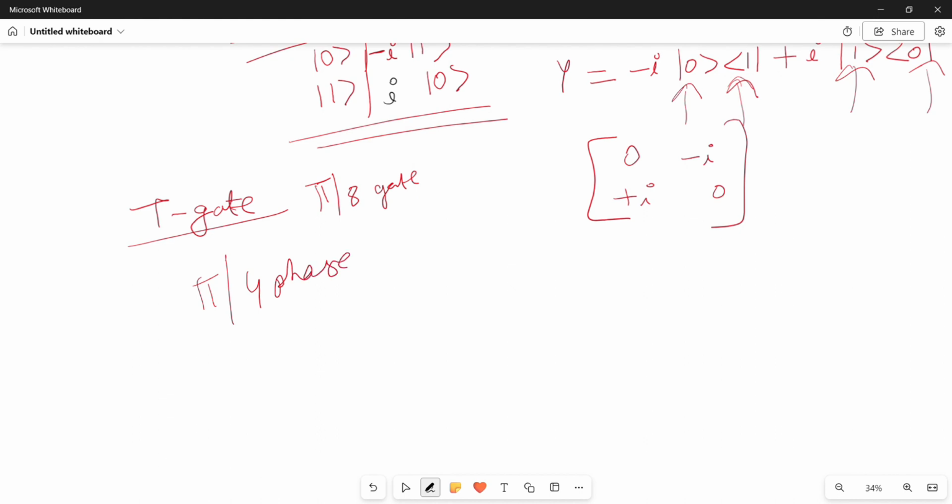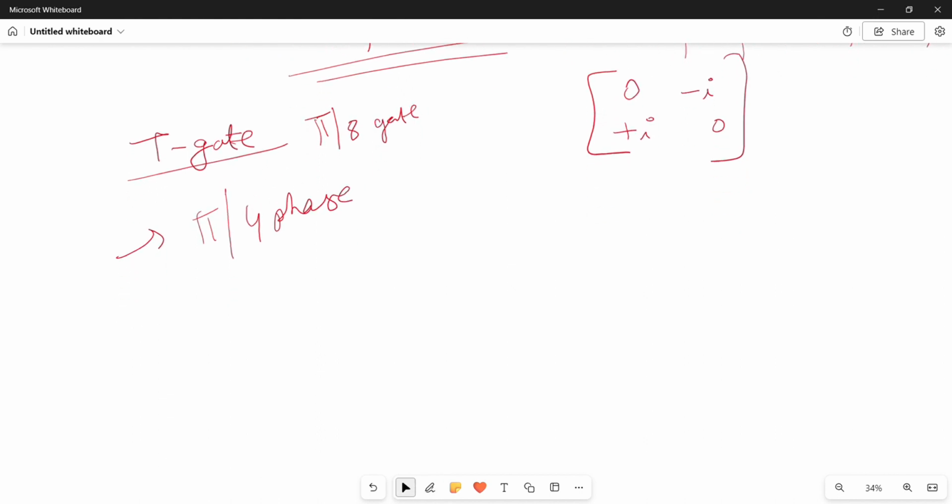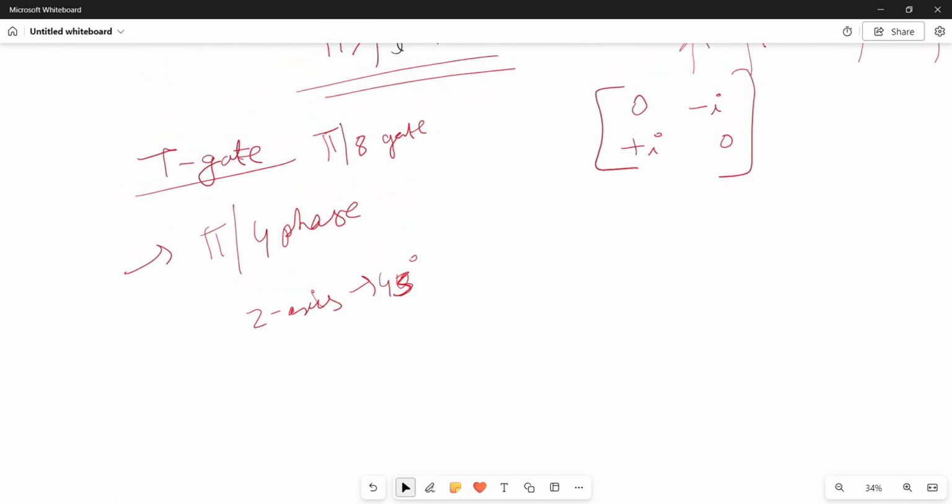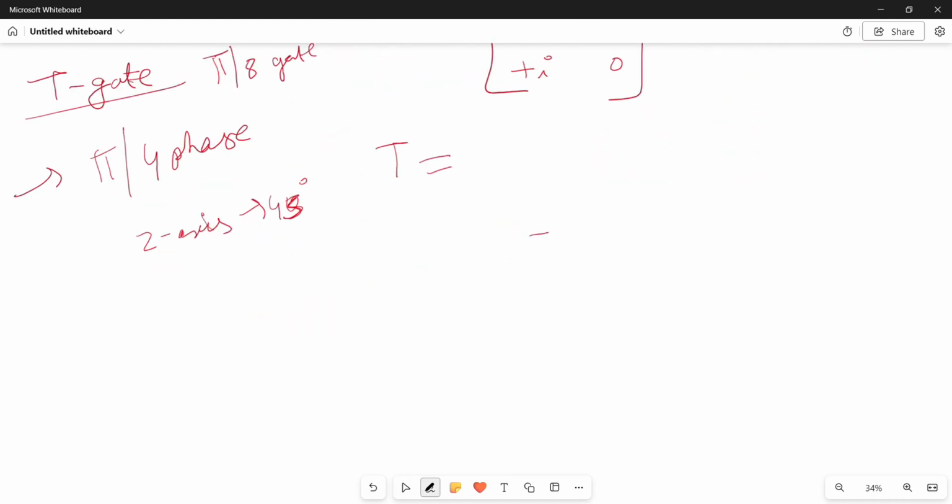Basically what it means is it is rotated around your z axis. Around your z axis it is rotated by how much? 45, not 40, 45 degree, and that is in counterclockwise direction. And one more thing about T gate is that it is equal to the square root of your S gate.